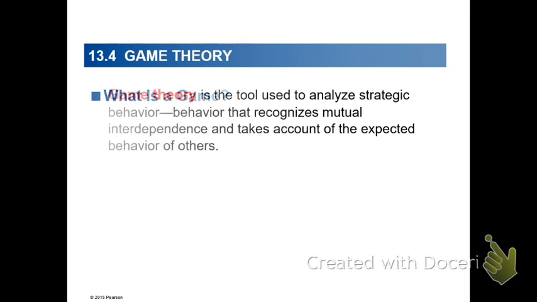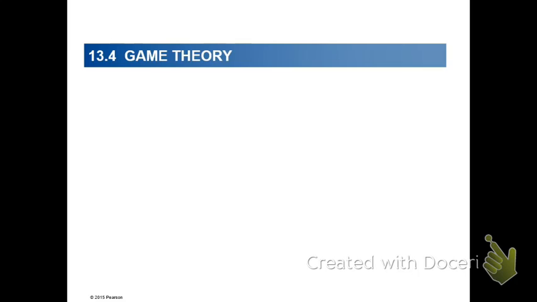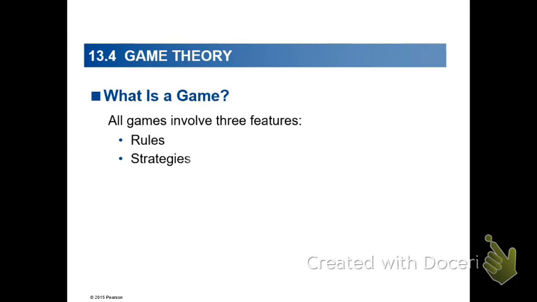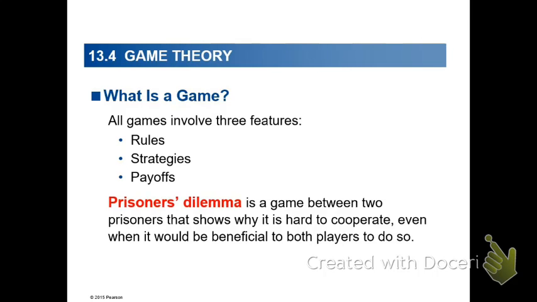One argues that every game has three elements to it. Every game has rules, every game has strategies, and every game has payoffs. The Prisoner's Dilemma is a very famous game invented by an economist named John Nash, whose life was the subject matter of the famous movie, A Beautiful Mind.